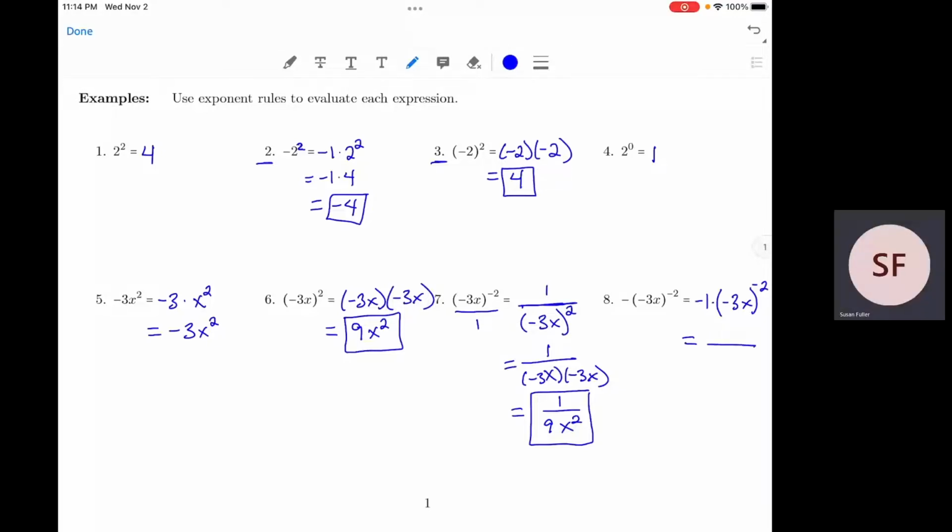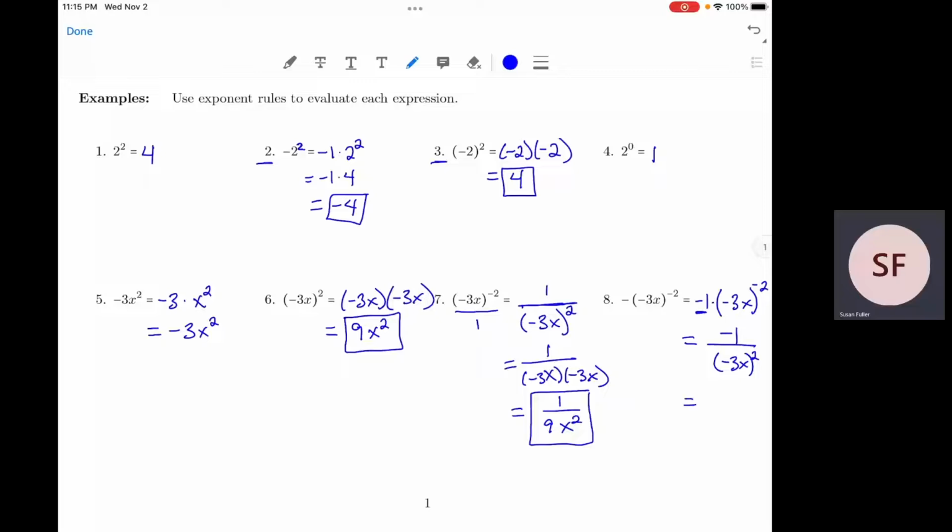And so this -3x is going to move to the bottom. When it does, it will have a positive exponent of 2 down here. And the -1 that was up here does not have a negative exponent on it. It's just kind of here hanging out. It's going to stay exactly where it is up here on top.